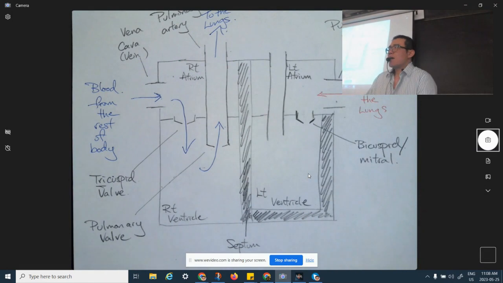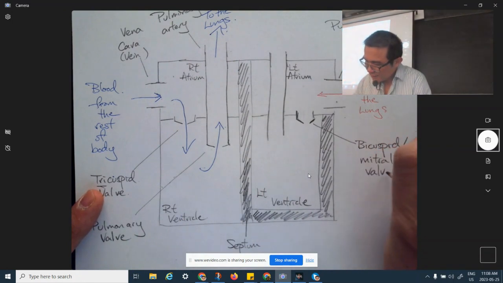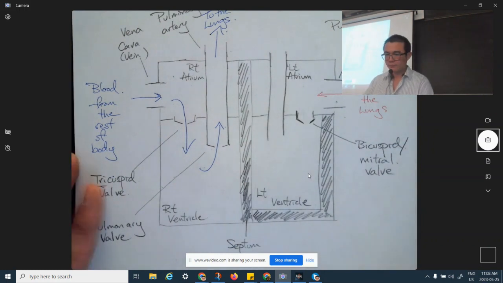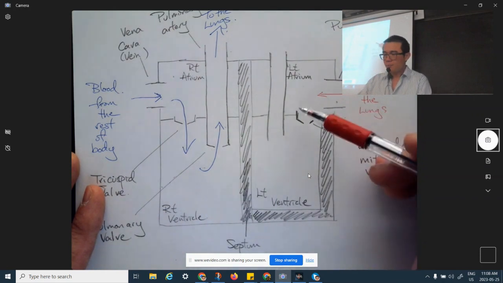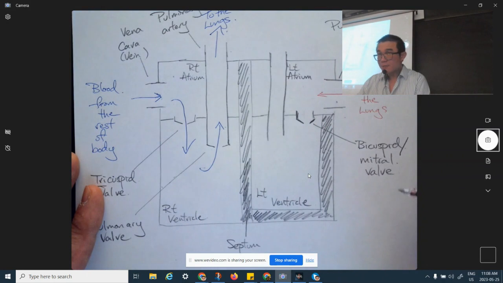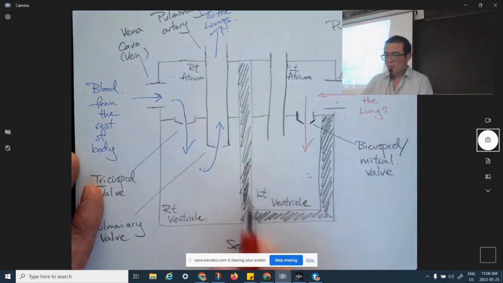I'm not exactly sure why it's called mitral valve, but just know the name. Okay? So it's either bicuspid valve or mitral valve. So the oxygenated blood will go from the left atrium through the bicuspid valve or mitral valve down to the left ventricle.